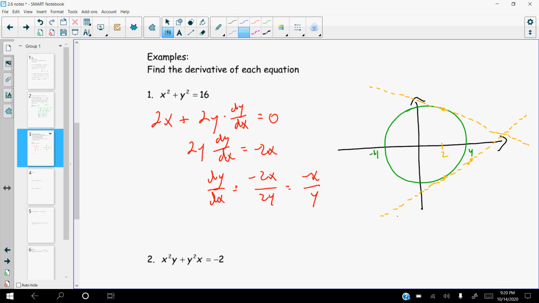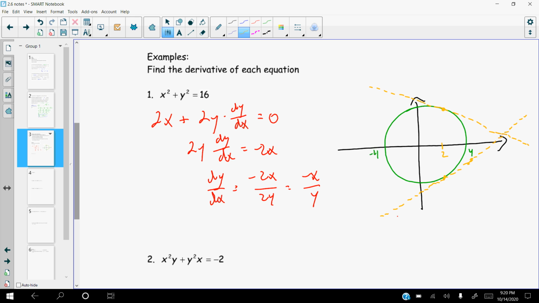So it is not only dependent upon the x value, but it's dependent upon the y value as well. And you're going to have multiple slopes. And as you can see, a circle is not a function. So what we started off with originally was not a function, which is why it has potentially multiple values of slope for given x and y values. Again, hopefully that makes some kind of sense. The derivative or the slope of that circle is dependent upon both the x and the y value.